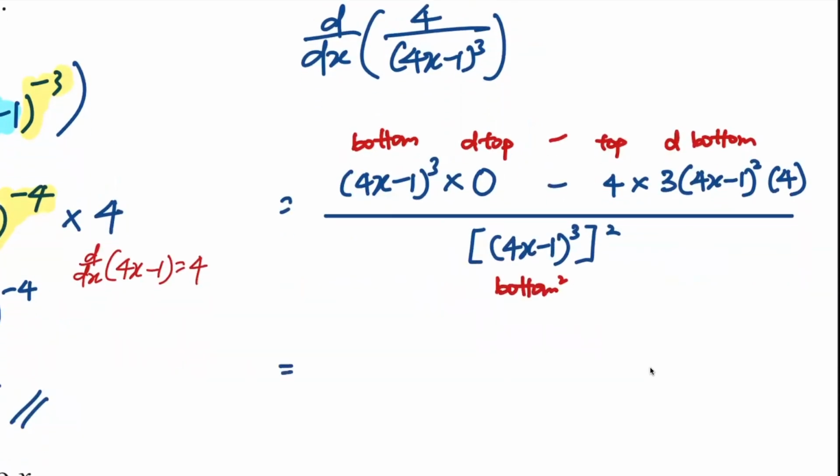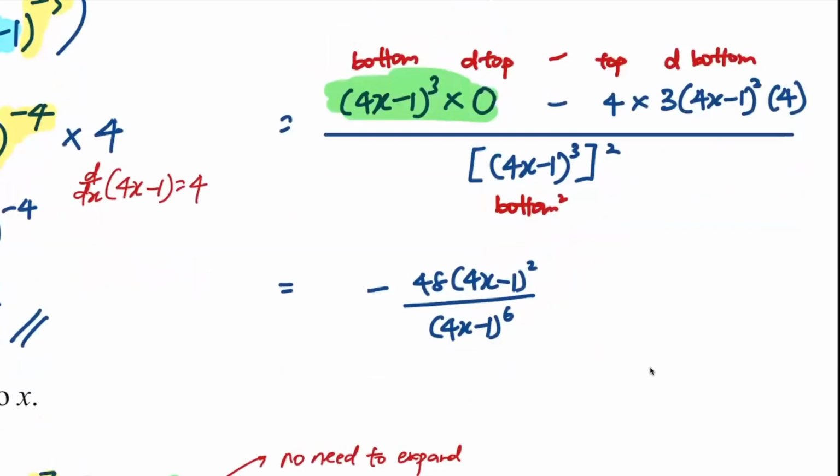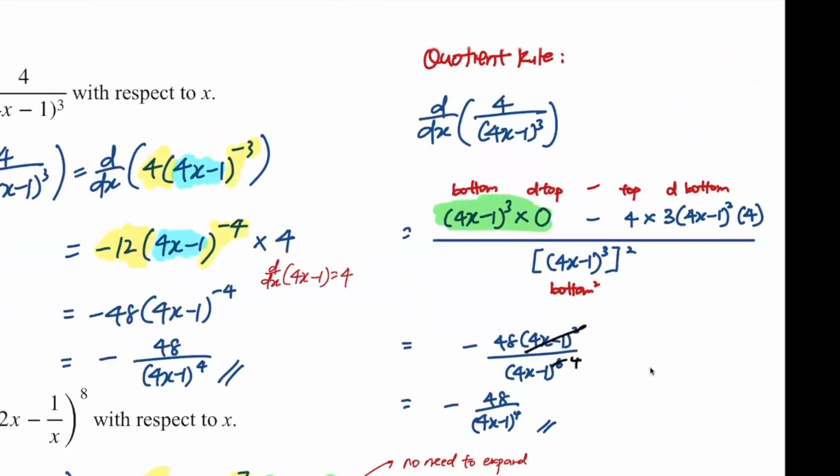The very first thing I want to emphasize is this entire first part becomes 0, not there anymore. Then the one at the numerator becomes negative 4 times 3, which is 12, and 12 times 4 is 48. The denominator is 4x minus 1 to the power of 6, because you power 3 then power 2. You simplify, and this whole thing can cancel, the one to the power 4. You end up with negative 48 over 4x minus 1 to the power 4, which is what I have here. Same.